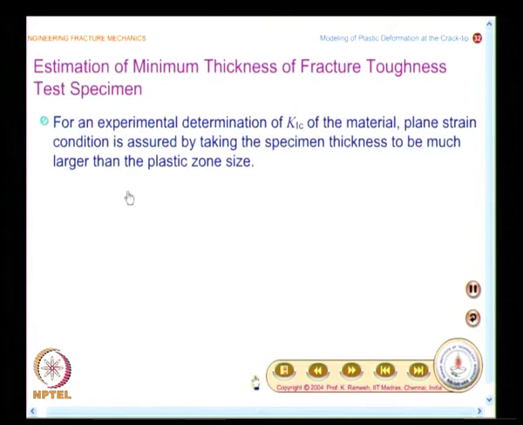For an experimental determination of K1C, you have to maintain plane strain condition. And how do you assess that plane strain condition exists? This is by appropriately taking the specimen thickness such that the plastic zone size is very, very small.